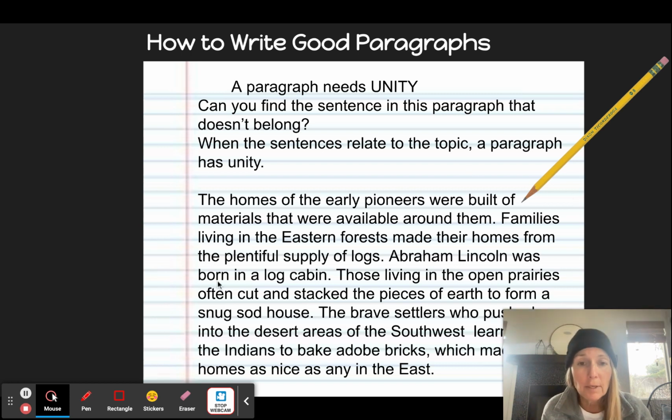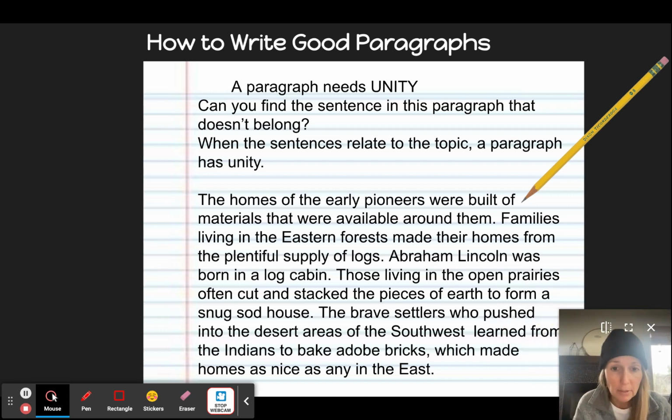The homes of the early pioneers were built of materials that were available around them. Families living in the eastern forests made their homes from the plentiful supply of logs. Abraham Lincoln was born in a cabin. Let me make this a little smaller. Born in a log cabin.